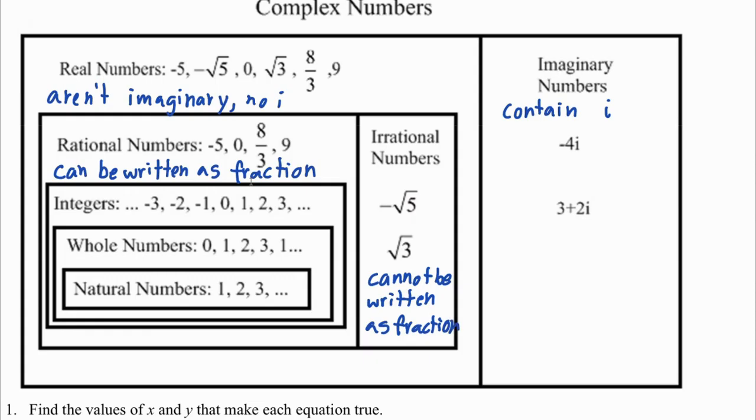So negative square root 5, square root 3, another really common one we see is pi. It's basically just a number that goes on and on forever with no discernible pattern.